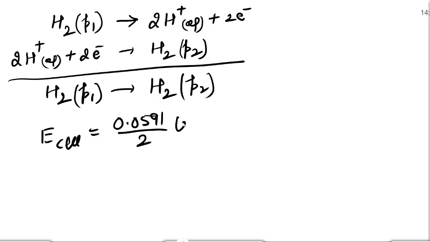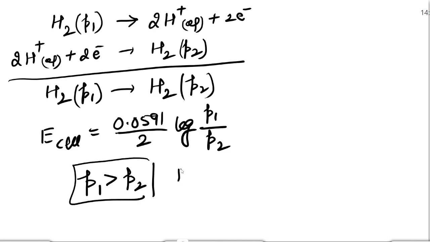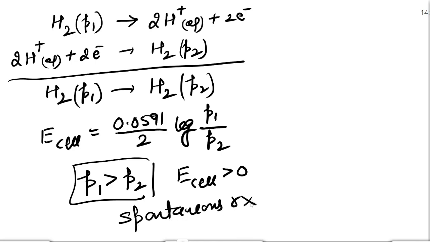What is n? 2, log of reactant over product. You can write simply skipping the minus sign, because it is minus 0.0591 upon 2 log of product over reactant, so I will write plus 0.0591 upon 2 log of reactant upon product. So in this case, again P1 should be greater than P2 to have E cell greater than 0, or for a spontaneous reaction.